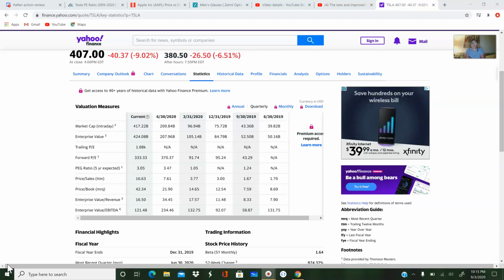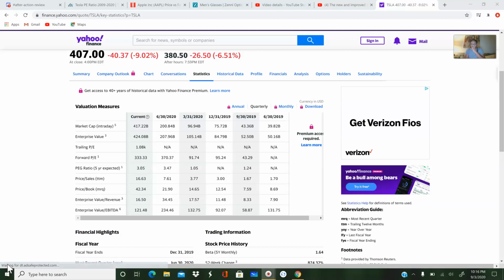That price movement can really outpace the earnings, which would cause an increase in the PE ratio. Looking at something like that, you could say this company is relatively expensive. The share price is growing faster than the earnings that the company is bringing in.